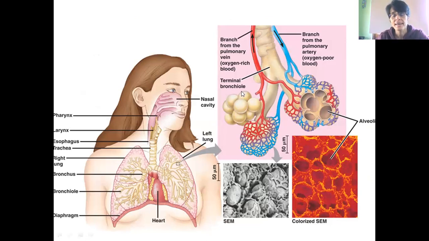But here are the air sacs once again, and you can see how deoxygenated or oxygen-poor blood is brought into the lungs, and then from all the blood capillaries, CO2 will diffuse from them and into the air sacs, and you breathe it out. And at the same time, the oxygen-laden air that you breathe in, the oxygen will be in higher concentration in the air sacs, and then it diffuses into these blood capillaries.